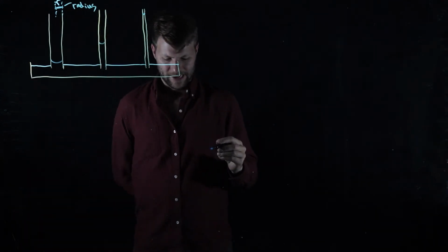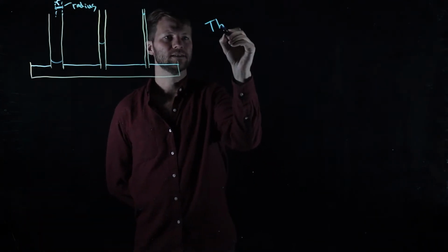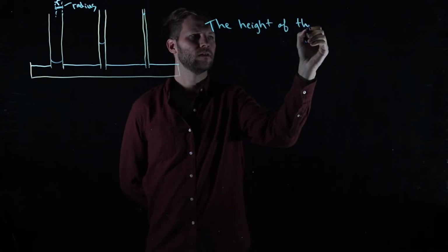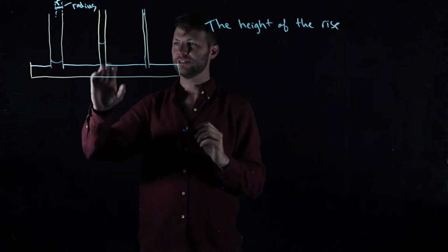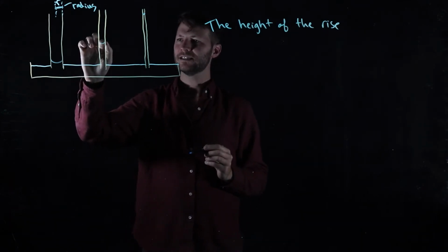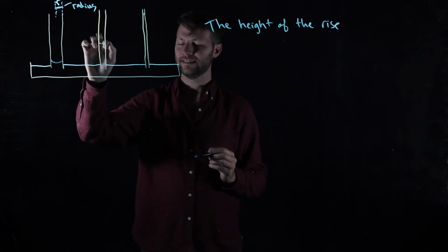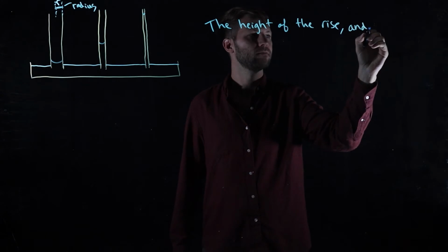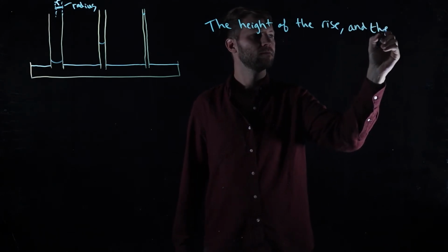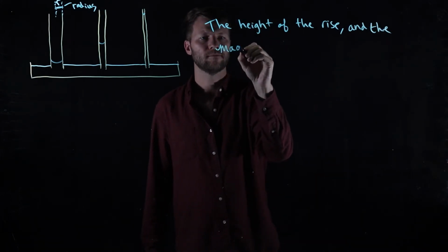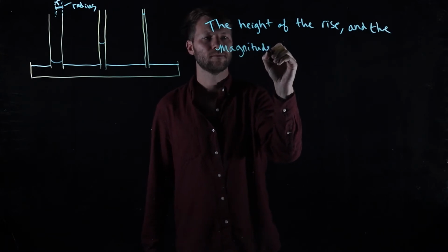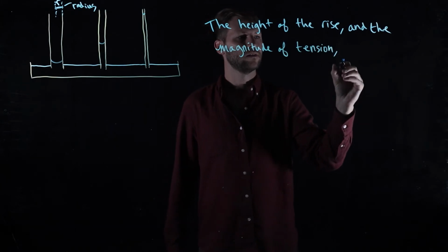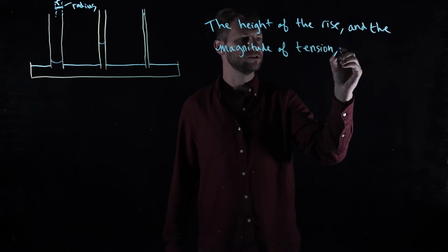We could observe that the height of the rise, and in addition to the height of the rise, the magnitude of tension here at the meniscus, is inversely proportional to the radius.